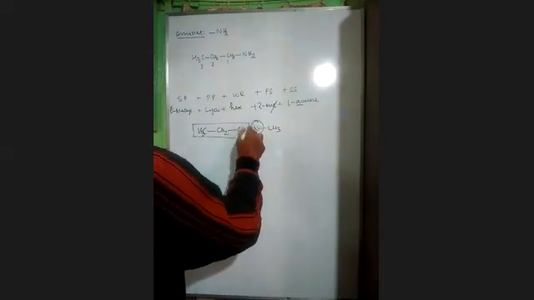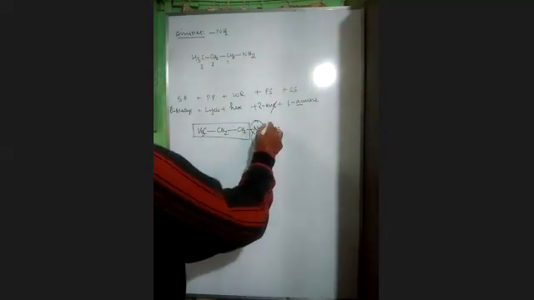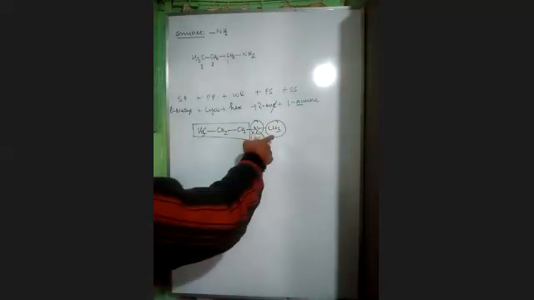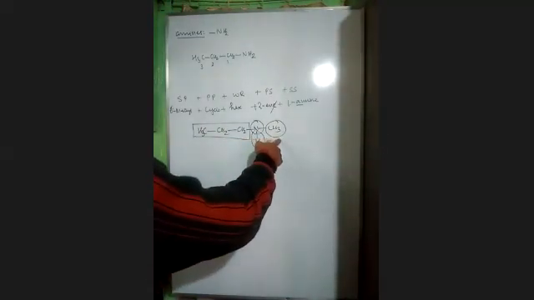Your main chain is this one. This is the functional group, and you have methyl here. So you have a substitution on nitrogen, but not on the main chain. In this case, how to write the name?